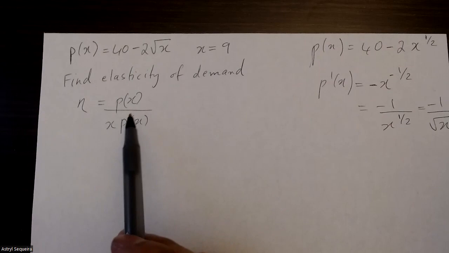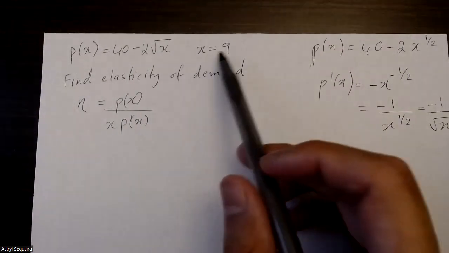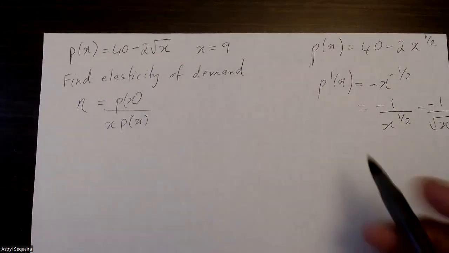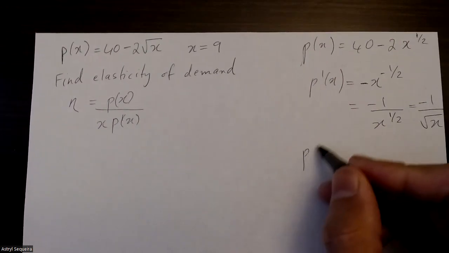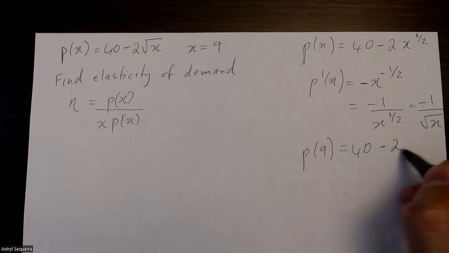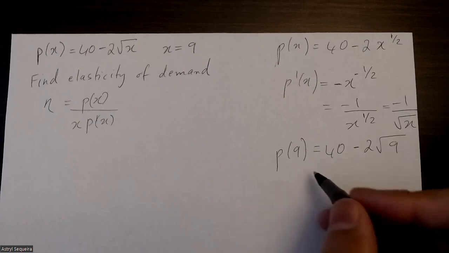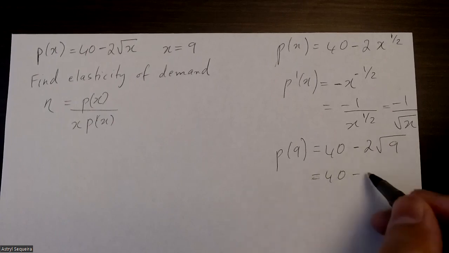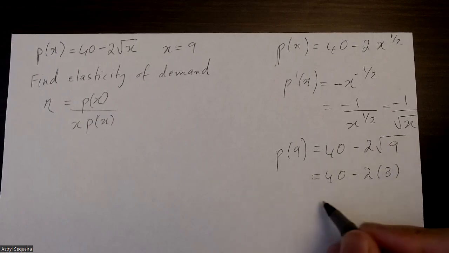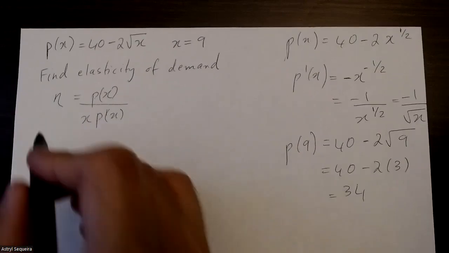So now let me sub everything into this equation. I can actually find my values as well before I sub it in. So I'll start by finding p of 9. So p of 9 is just 40 minus 2 square root 9, which is 40 minus 2 times 3, which is just 40 minus 6, which is 34.